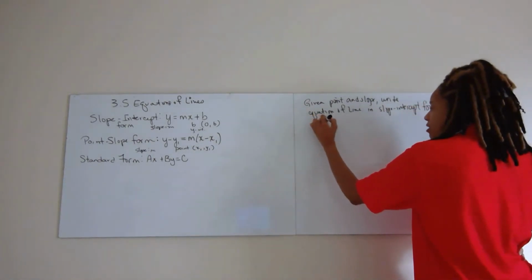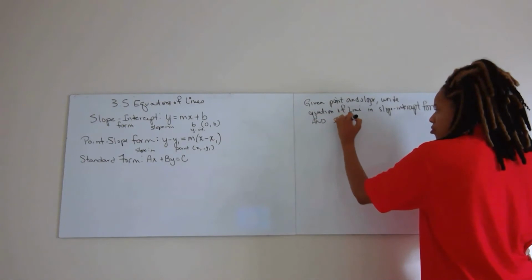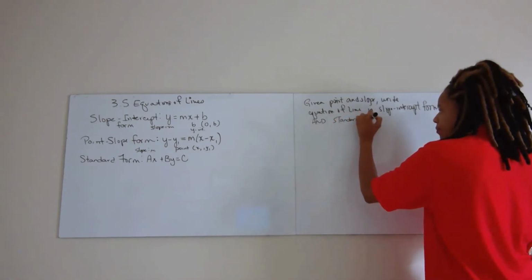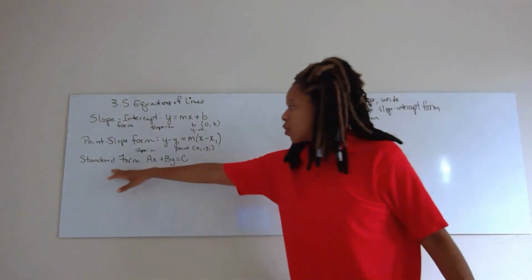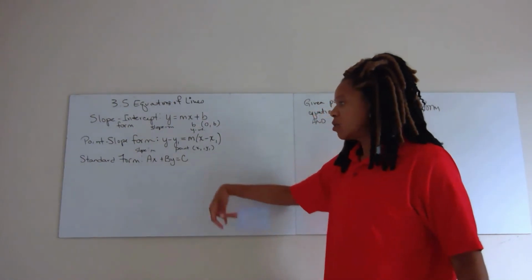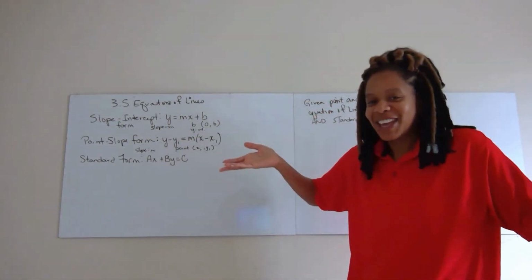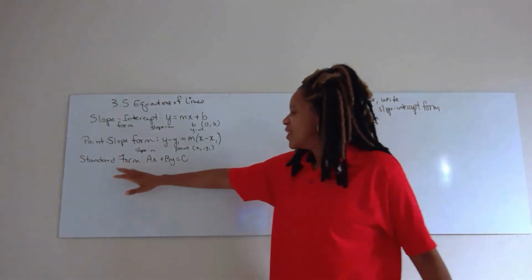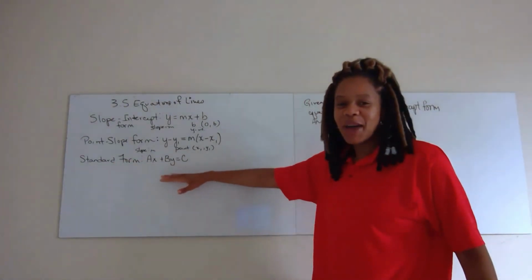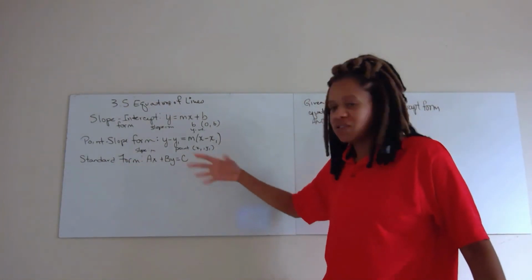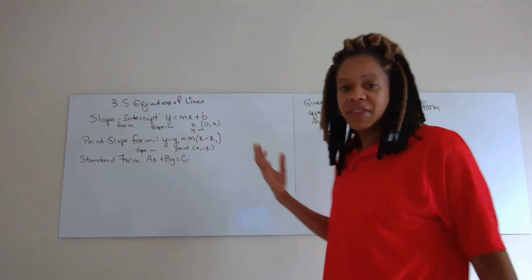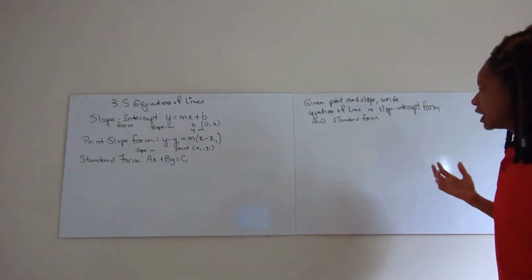And we're going to write it in standard form. All right. And this is the standard form: Ax plus By equals C. That one's just standard, regular, right? So this is our regular format. Ax plus By is equal to C. So we call it the standard form of the line.